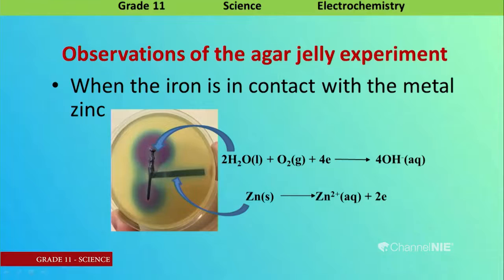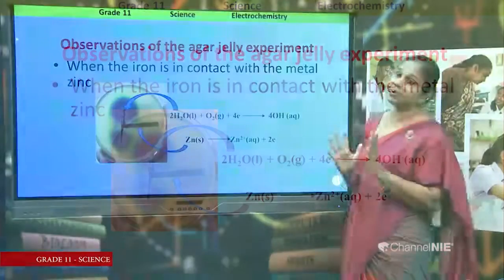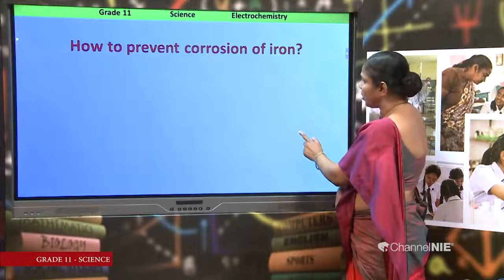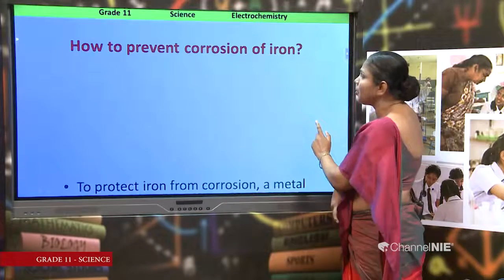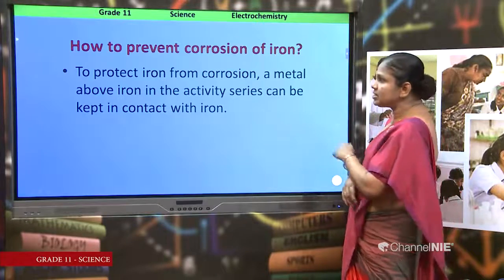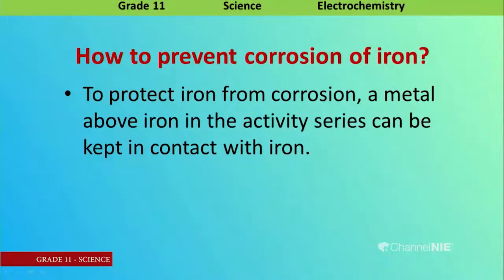When zinc is oxidized, iron doesn't oxidize, and iron becomes the cathode here and gets protected from rusting. This is called cathode protection.